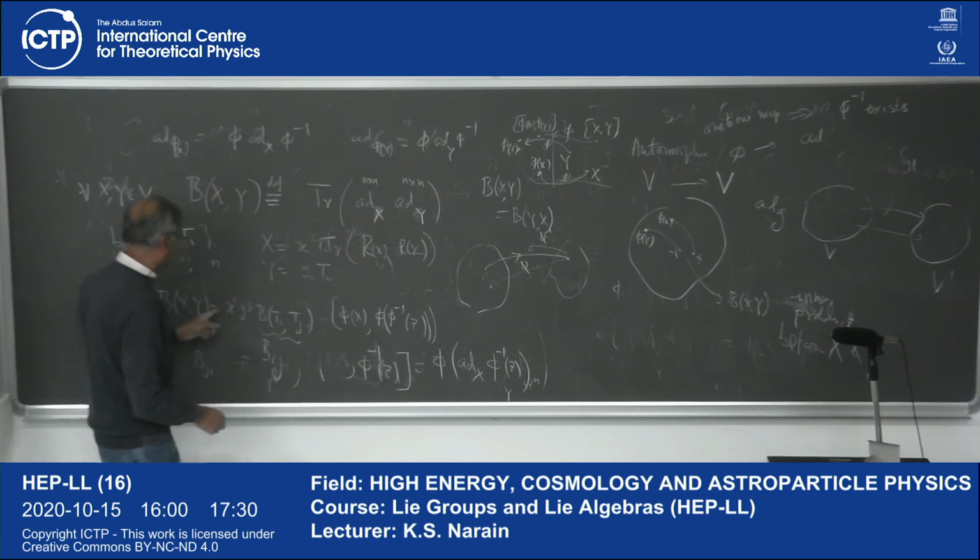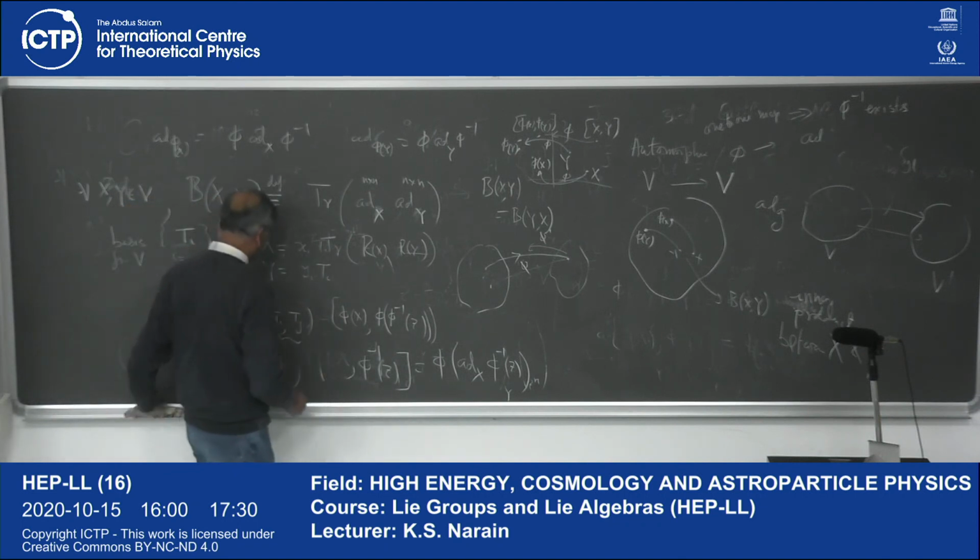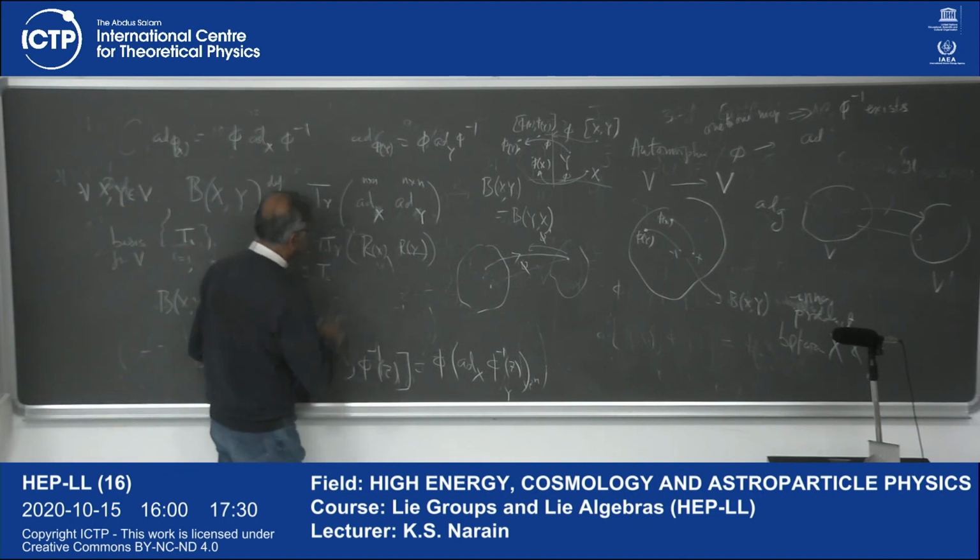That's the question. Is the definition B of Ti Tj, the way we have defined it using the adjoint representation, the same as the trace of R(Ti) R(Tj) in some other representation?